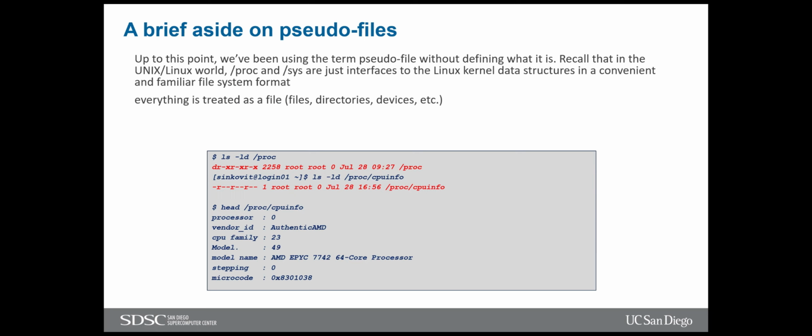If anyone's a Harry Potter fan, this is kind of like the Room of Requirement for finding system information. The pseudo-file contains information about what's currently running on your system. This isn't going to persist across reboots, and it only exists in RAM. There are two systems we're going to pull a lot of our information from, /proc and /sys.